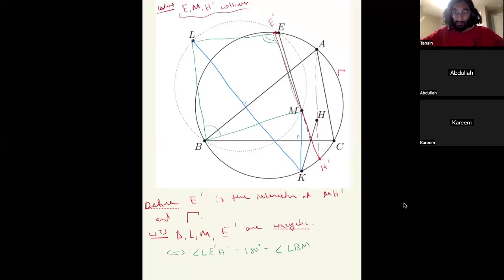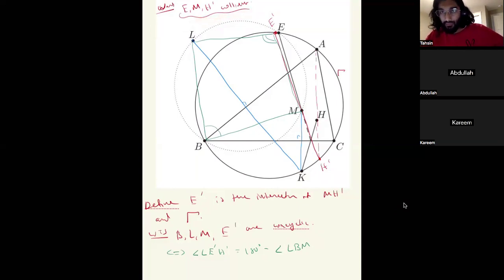Showing that EM and H prime are collinear is equivalent to solving the problem.